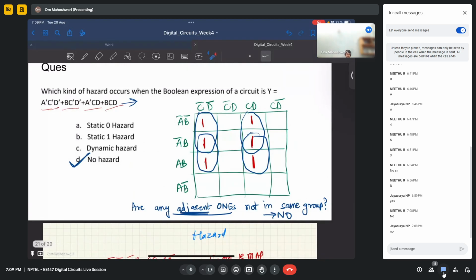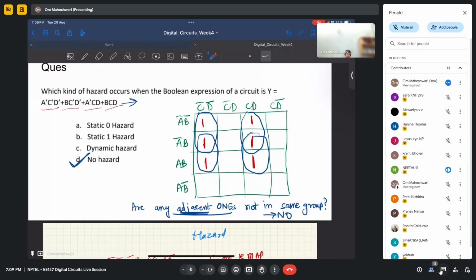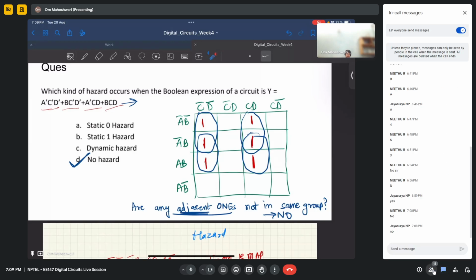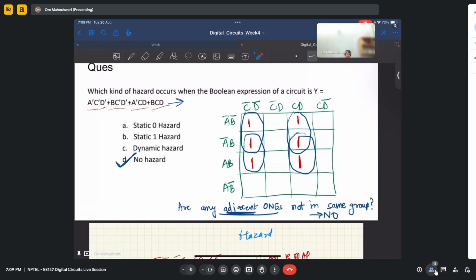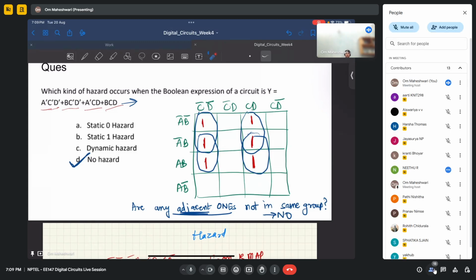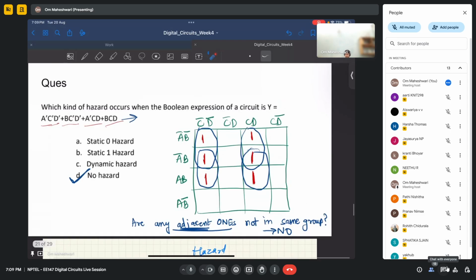Sir, by using this K-map, how can we identify this as a static 0, 1 or dynamic hazard? Okay, that is a good question. So you cannot directly tell it. For that, we will see how to do it in the next question. With K-map, we can only see if there is a hazard or not. What kind of hazard it will be, that we need to evaluate.